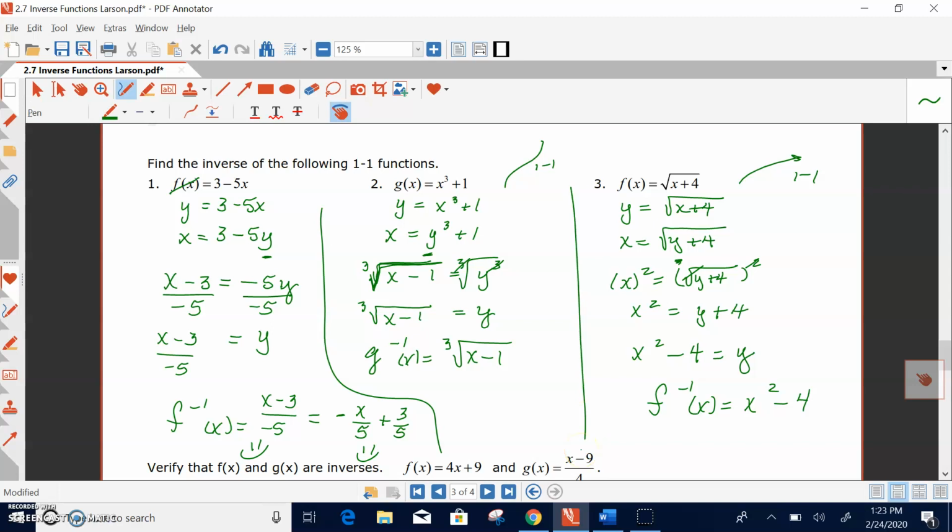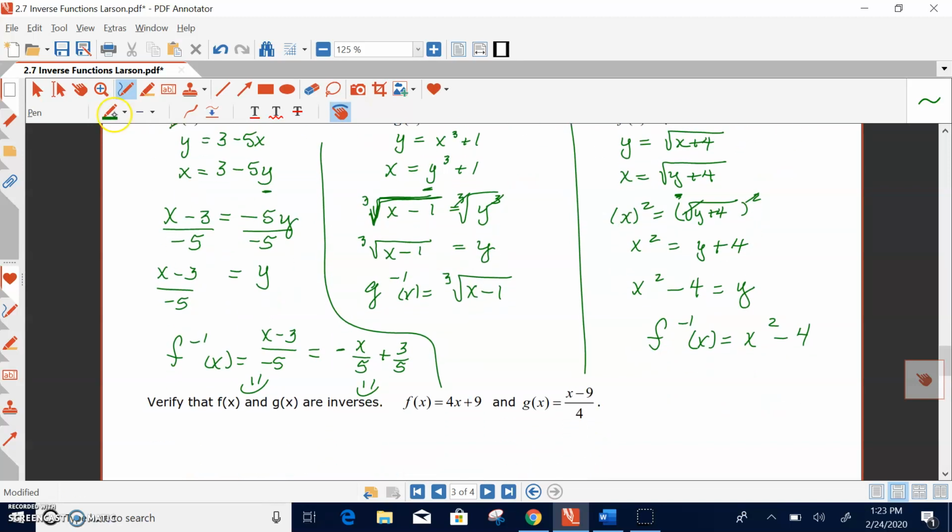We have the inverse, but big red note here. X squared minus 4 is a parabola. And a parabola is not 1-to-1. So anytime you have a parabola involved in these inverses, you have to actually cut half of it off.